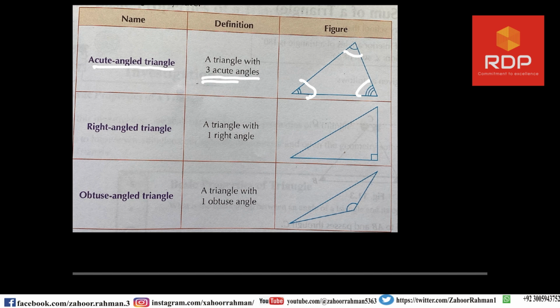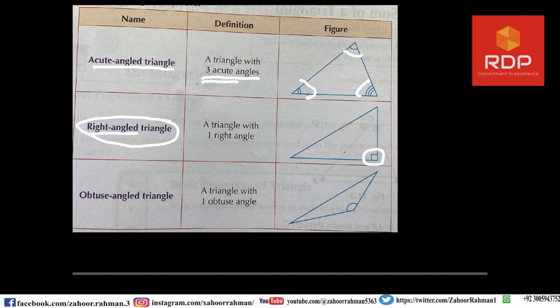The second one is the right angle triangle, in which one angle, which is this one, must be equal to 90 degrees. Ladies and gentlemen, right angle means 90 degrees.